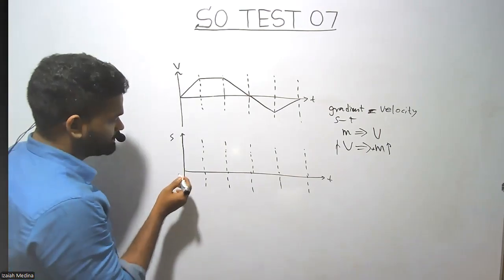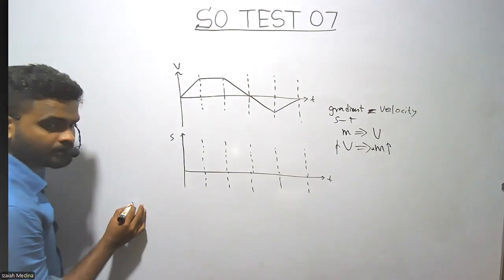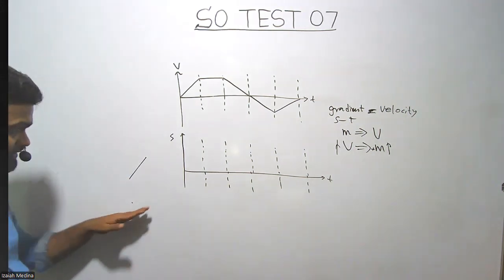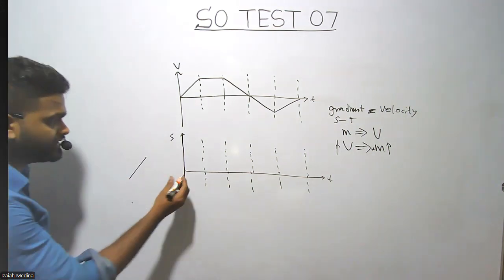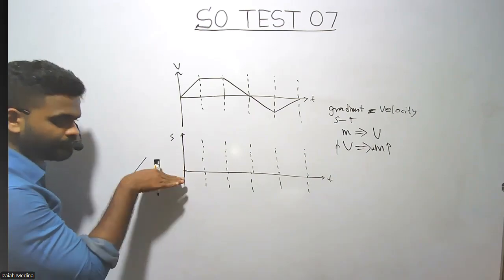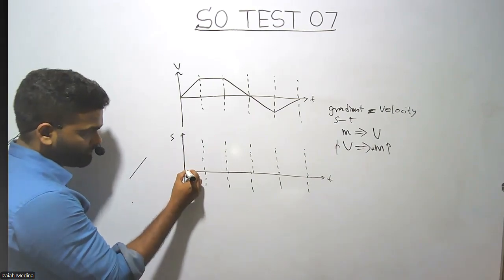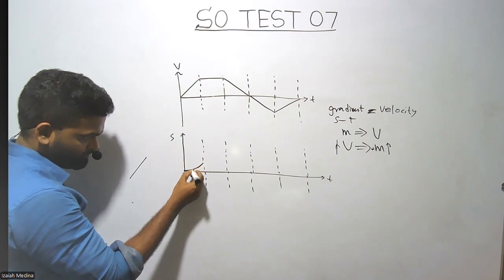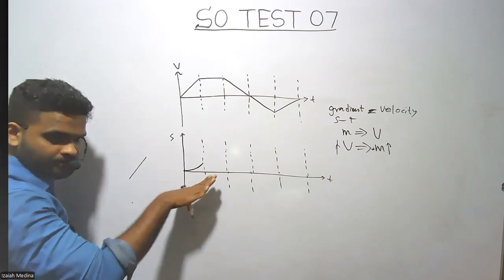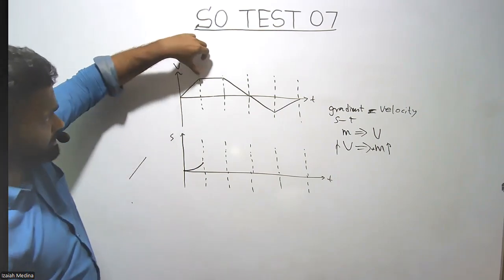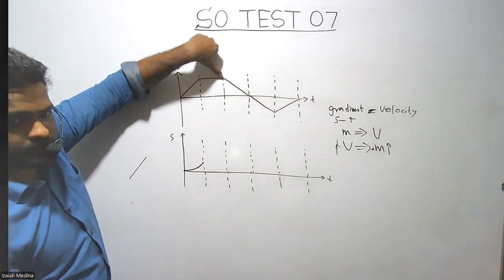How do you write? Like, positive means to this side, and this slope has to increase. From 0 to here it is 0, slope is 0. Then it increases, like this. Got it? To a certain value. Then here velocity remains constant.